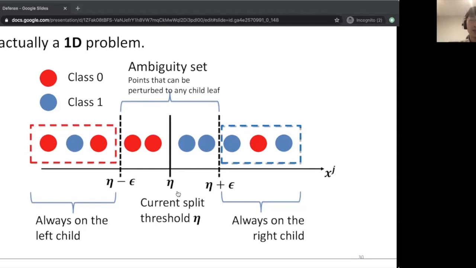Points outside this ambiguity set are certainly placed on the left or on the right child under perturbations. So the adversary's job is just to place the points in this ambiguity set to the left or right child to reduce the score of this split. However, there are exponentially many possibilities, since each point in the ambiguity set can be placed on either the left child or the right child.